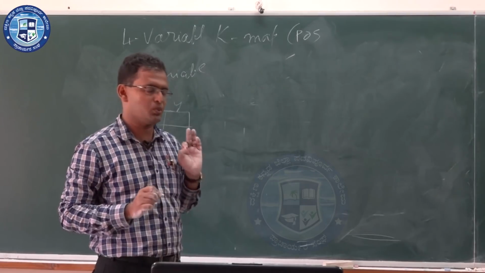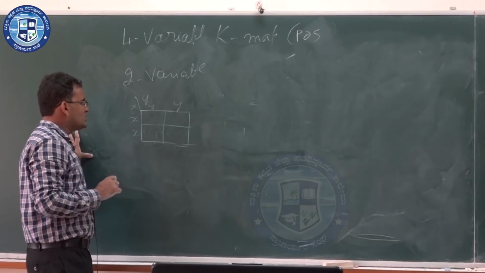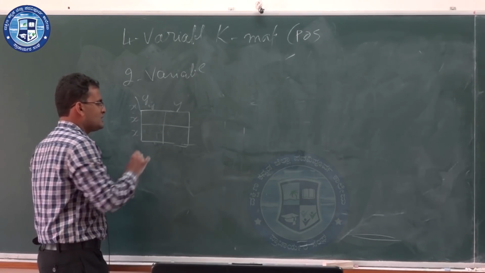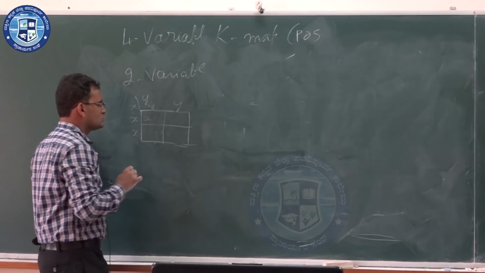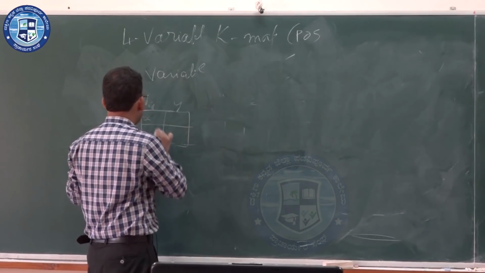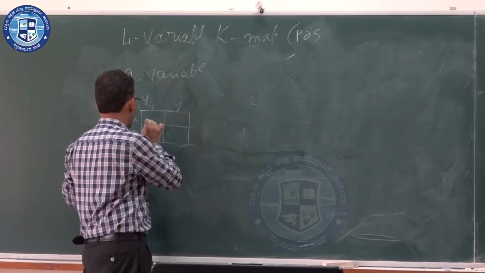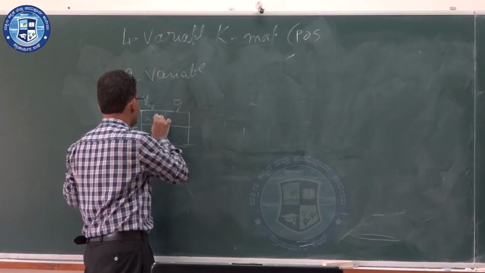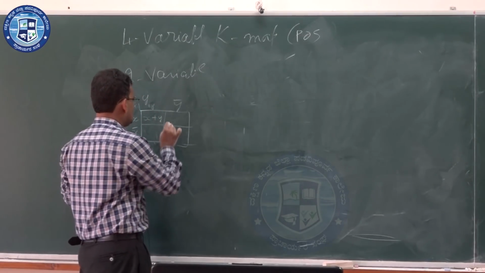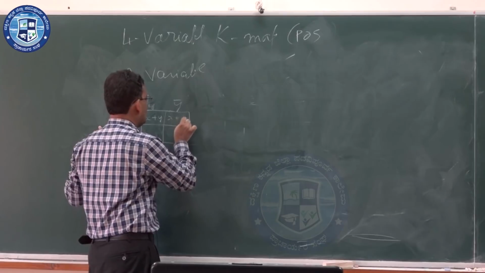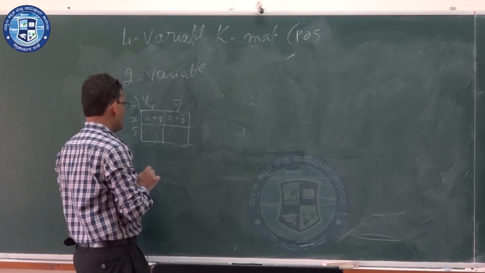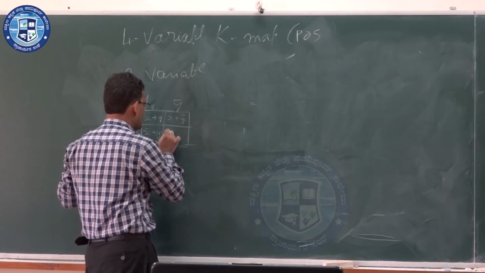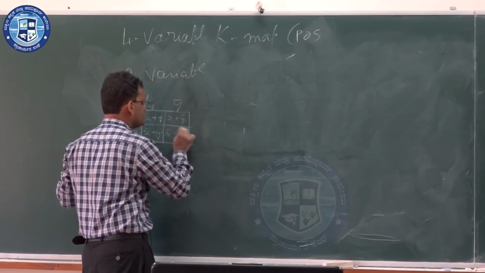So, 0 0 is x plus y, 0 1 is x plus y bar, 1 0 is x bar plus y, and 1 1 is x bar plus y bar.